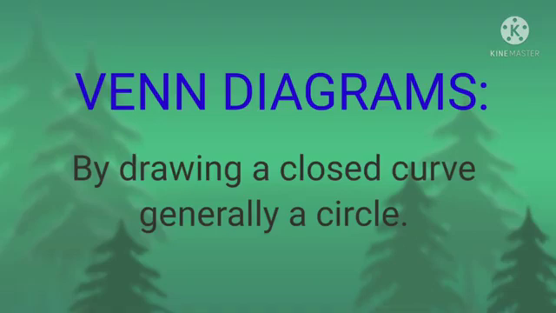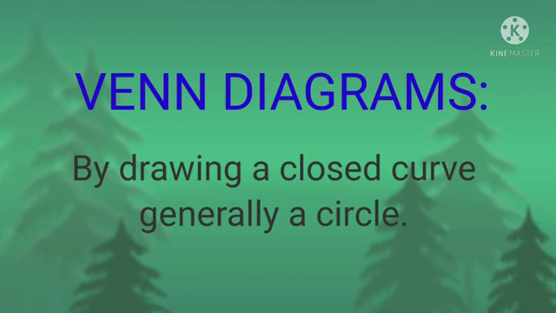The elements which are interior of the circle belong to that set, and the elements which are away from the circle do not belong to that set. Here 1, 2, 3, 4 are inside the circle, so they belong to set A, and element 5 is away from the circle. That means it does not belong to set A.